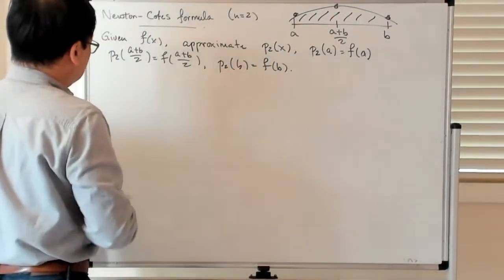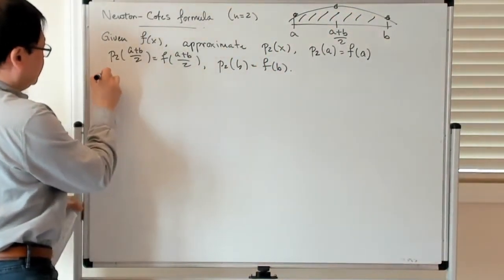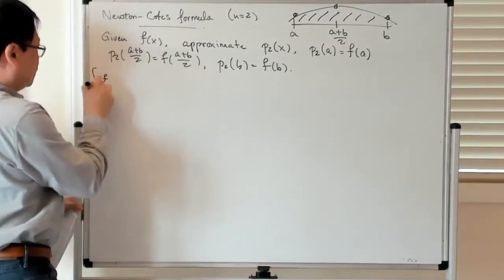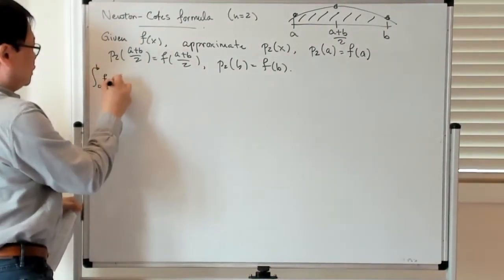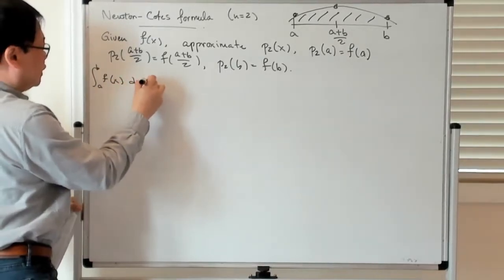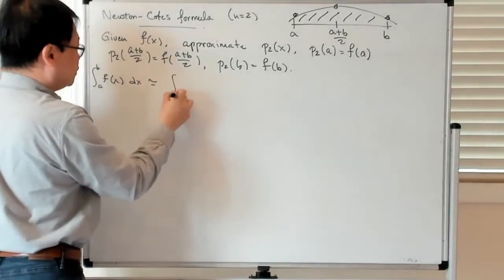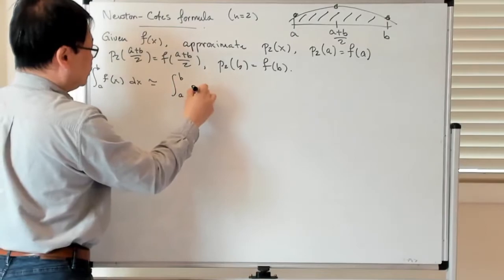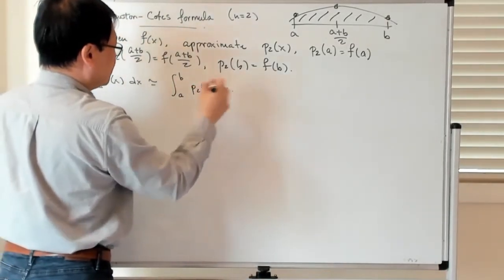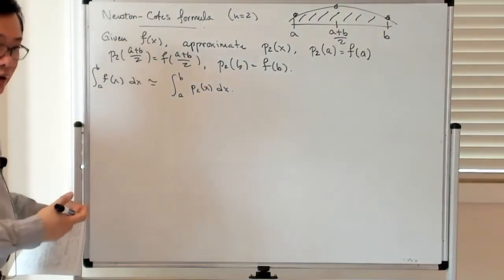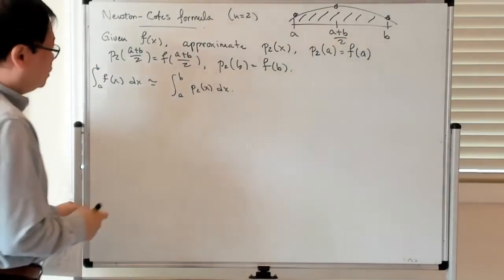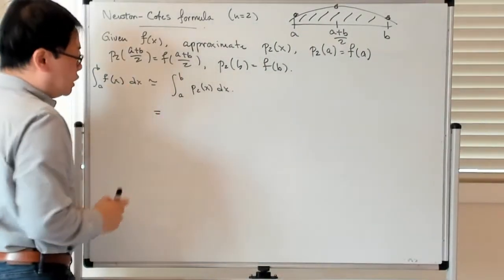So we're going to have that the integral from a to b of f of x dx is approximately equal to the integral from a to b of p2 of x dx. And I can write down an expression for that interpolating polynomial in Lagrange form.